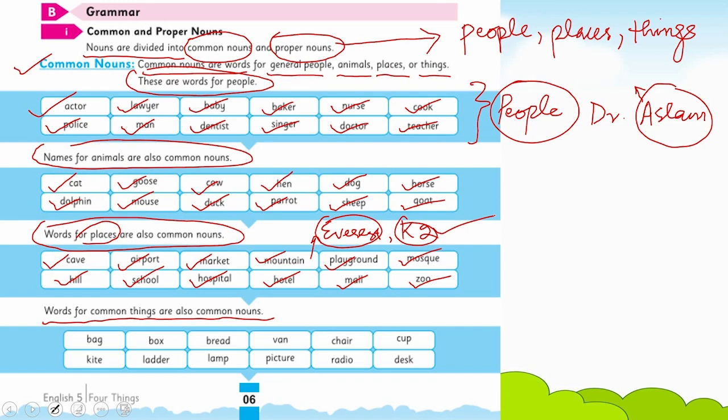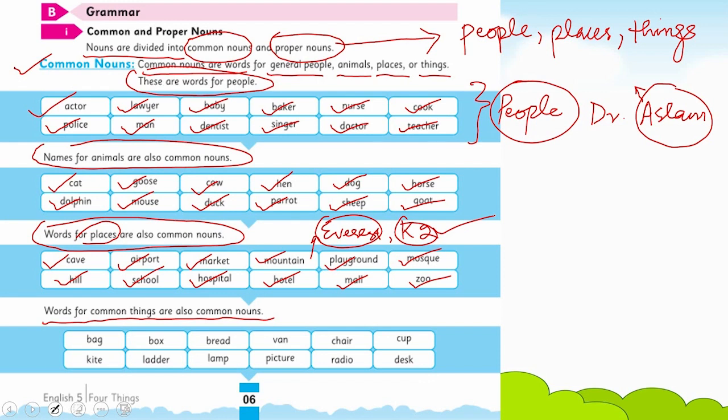But if it is not mentioned, it gives us the information of a general mountain. It does not specify any mountain. That is why they are termed as common nouns.